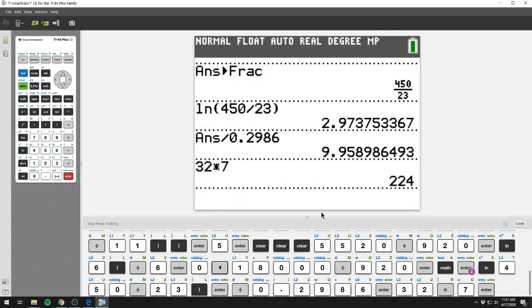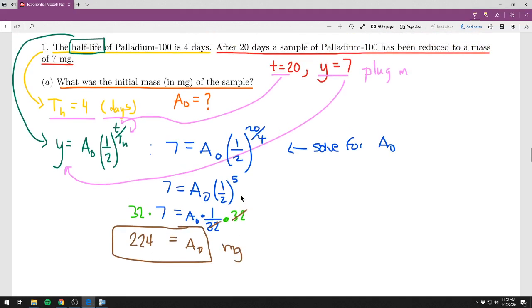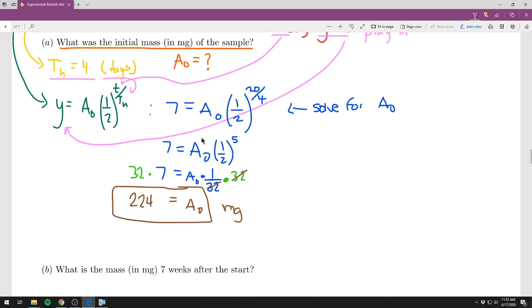It is. 32 times 7. Our initial mass is 224. And if you're keeping track of the units, I mean, it tells you to use milligrams. That's also told in here if you weren't told that. But the initial mass is 224 milligrams.